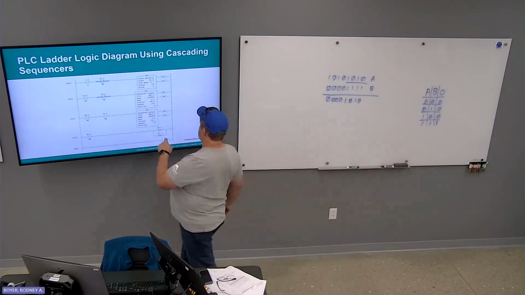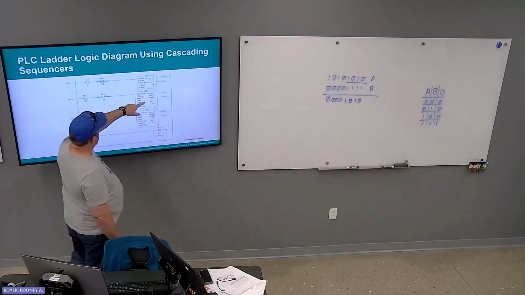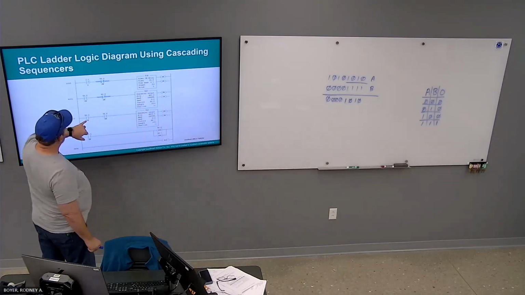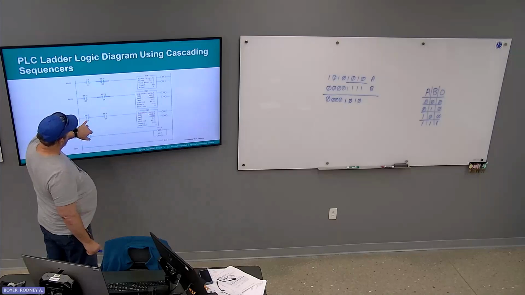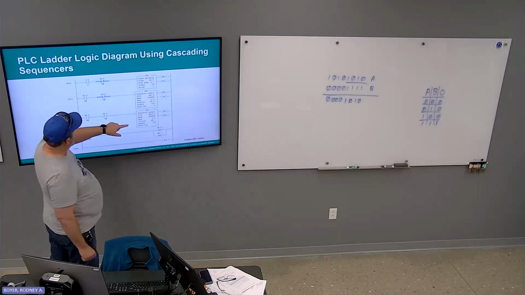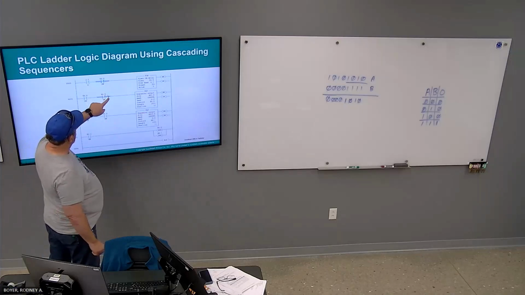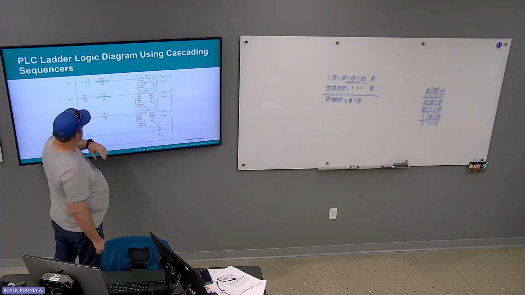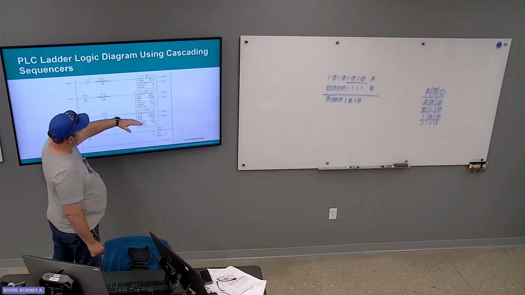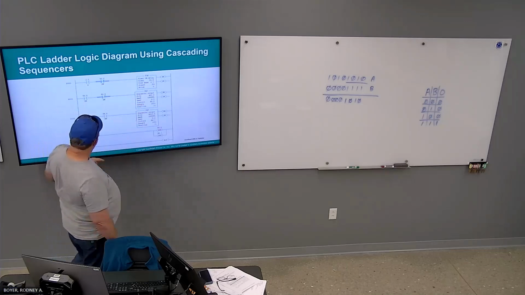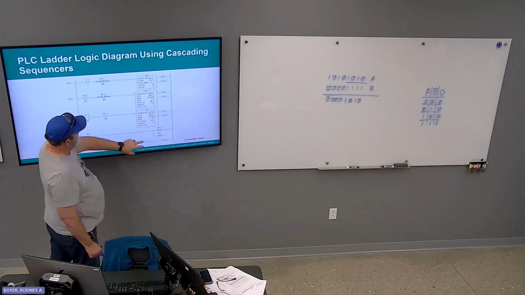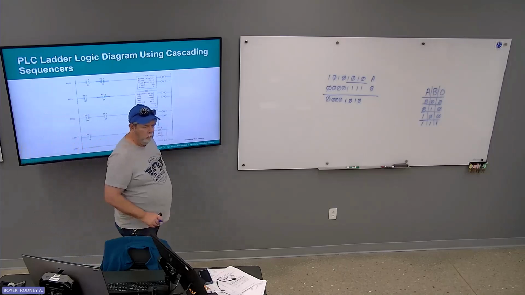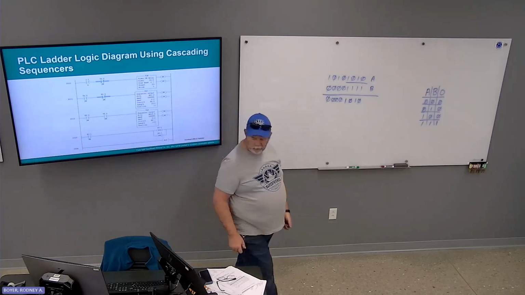So when the first sequencer gets done, that's the done bit. That will evaluate as false, effectively turning that sequencer off. That will evaluate as true, effectively turning that one on. Then when the second one gets done, it just resets both of them, so you can start over.